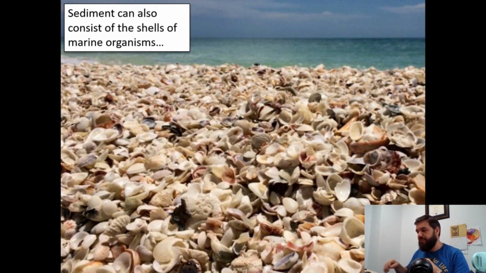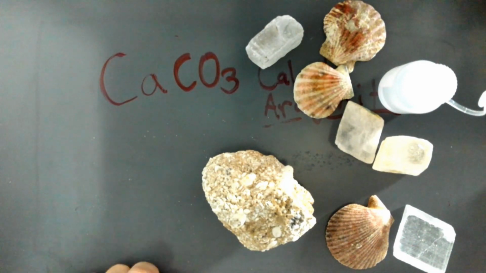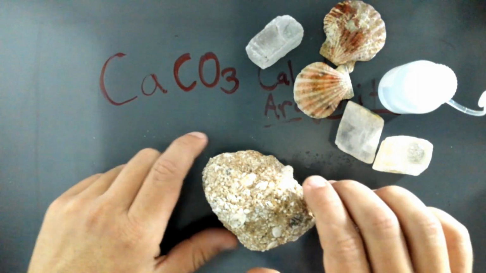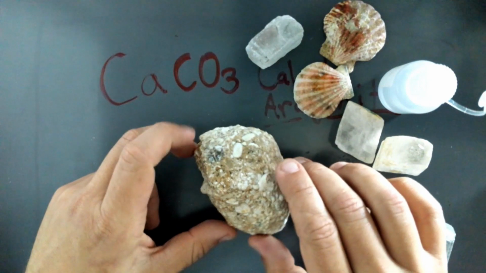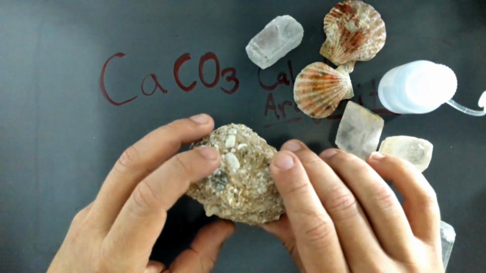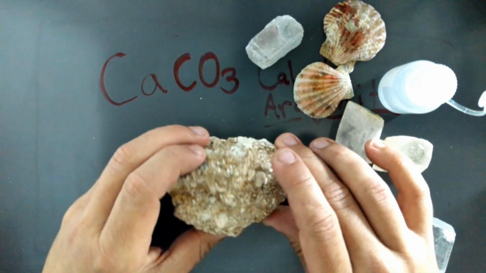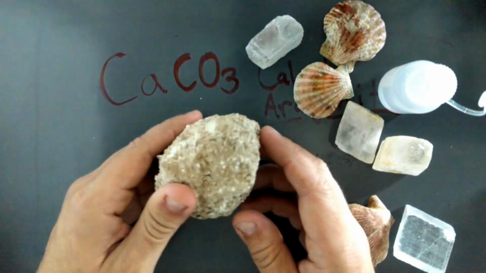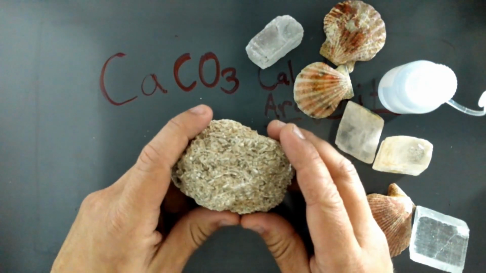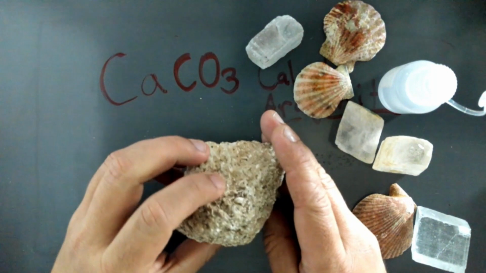Hey everybody, just another little video here I wanted to show you with this camera. I was mentioning that a lot of sediments are made out of shells. So this is actually a rock that is compressed out of sediments made of shells.